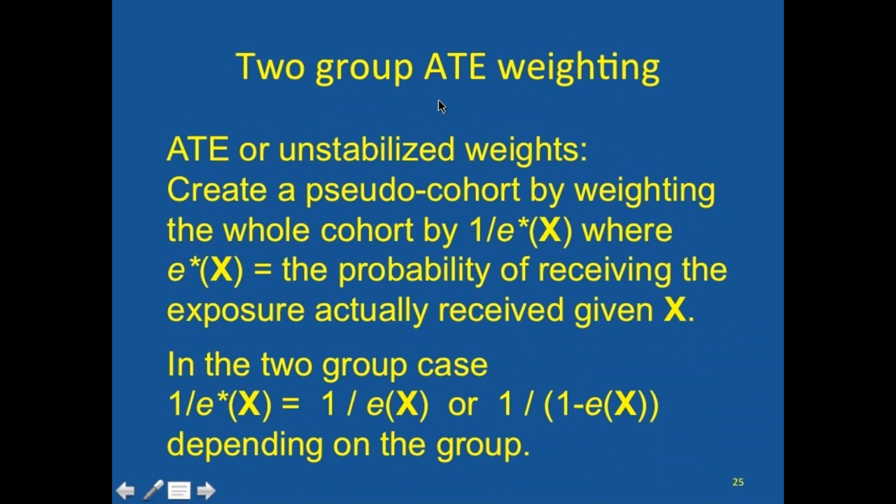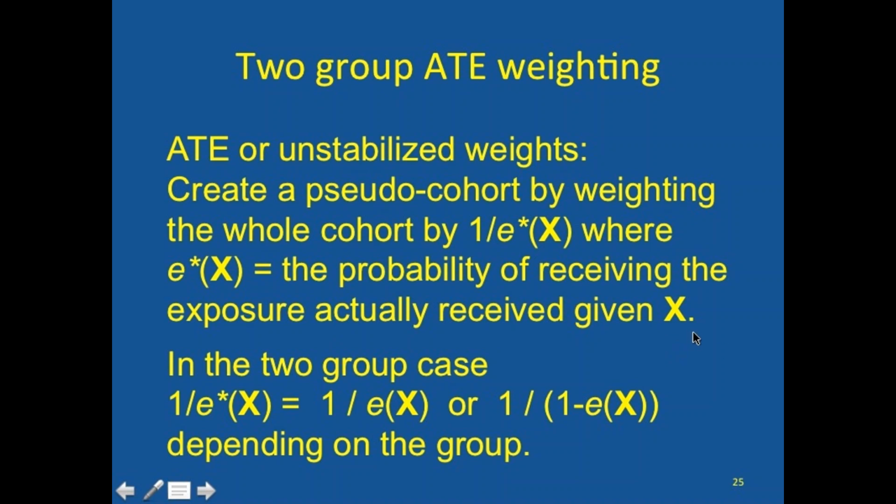So the two-group ATE weighting looked like this. The ATE, or unstabilized weights, created a pseudo cohort by weighting everybody in the cohort by 1 over E star of X, which we define as the propensity score for the exposure actually received by that particular subject.